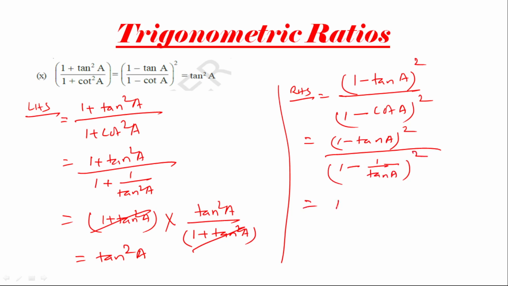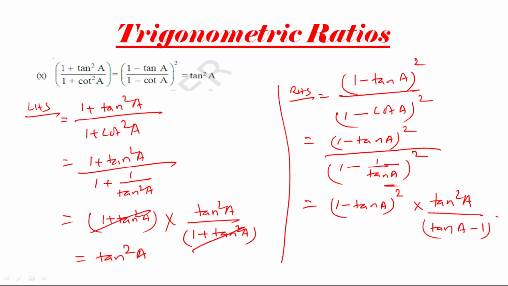So this will give us 1 minus tan A whole square into, again tan square A, this tan square A will go at the top, and tan A minus 1, tan A minus 1 whole square.